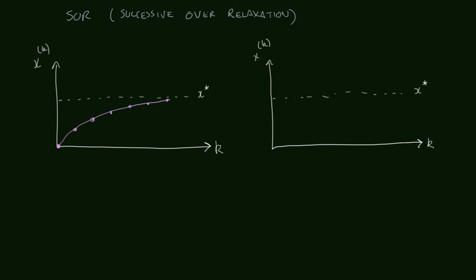But if we had this sort of behaviour, our estimate is oscillating around the exact solution. It's going to converge, and it might converge faster than the monotonic way, but it's still oscillating. What successive over relaxation does is seek to speed up both of these types of convergence.